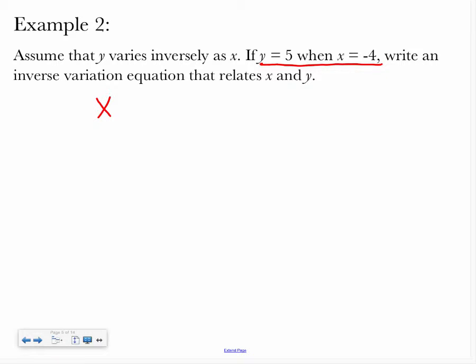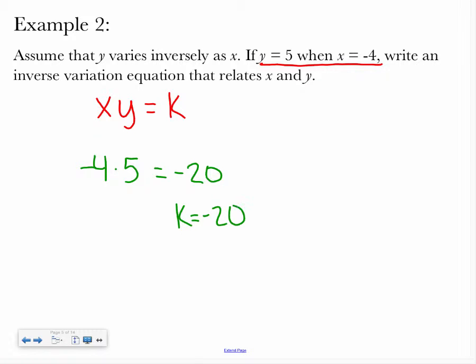So remember, our inverse variation can be written as xy equals k, where k is a constant number. So now, if we look here, we know when y equals 5, x equals negative 4, and if we multiply those together, we get negative 20. So that means our k value is negative 20.